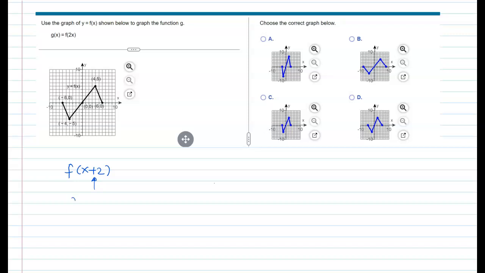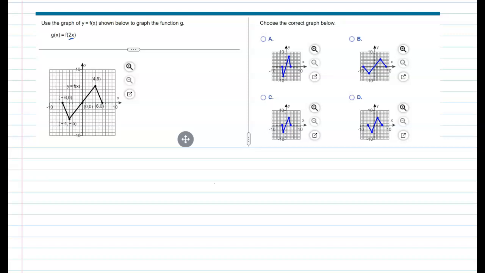Now, what about if it is f of 2x? Does that mean that you multiply x by 2? No. This means that you divide x by 2. So again, the 2 here means you divide your x-coordinate in your graph of f of x by 2.